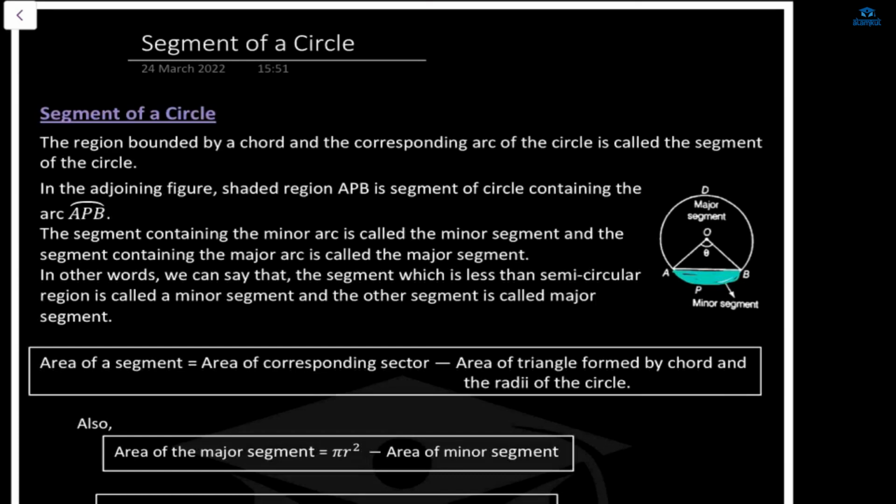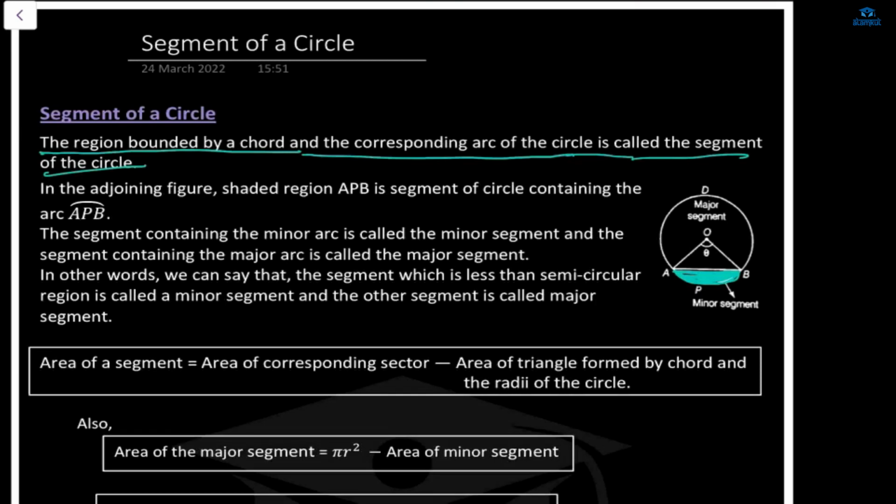Segment is the area between the chord and the arc. Here it is written, the region bounded by a chord and the corresponding arc of the circle is called the segment of the circle. So this one is the minor segment.